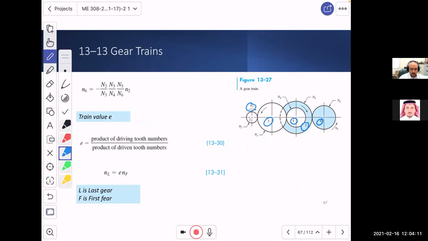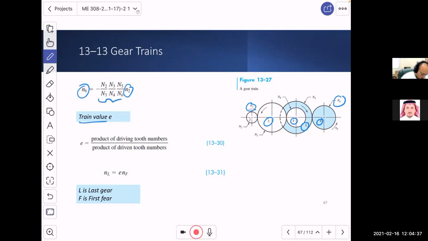And we said that if you want to know what is the RPM for the last gear, knowing what is happening to the first one, then you multiply it by the ratio, which is N2 divided by N3, multiplied by N3 divided by N4, multiplied by N5 divided by N6, which is basically the train value, the product of the driving teeth numbers divided by the product of the driven teeth, okay?